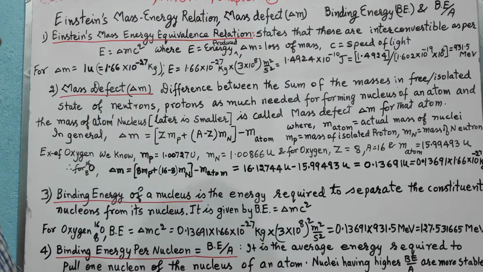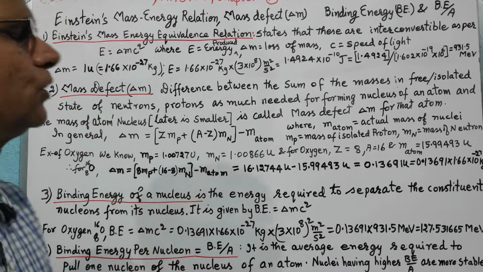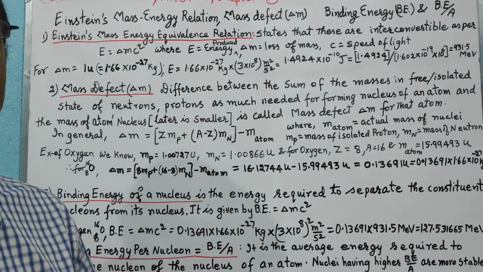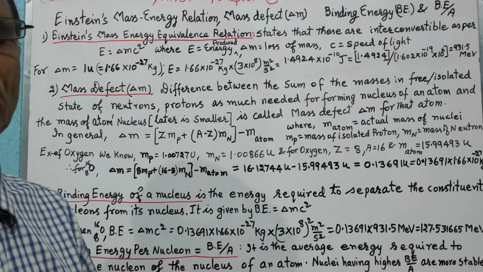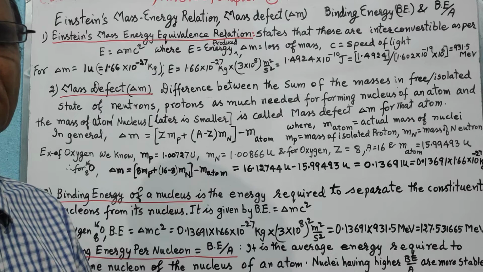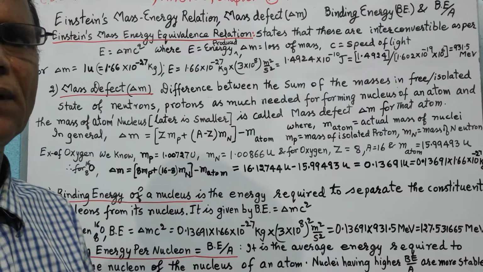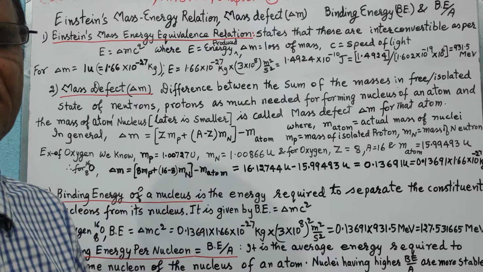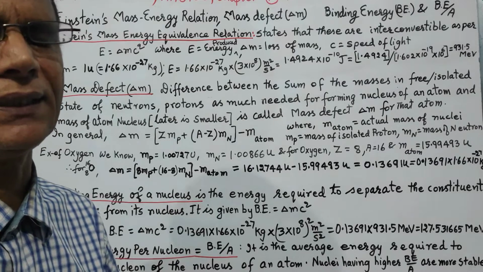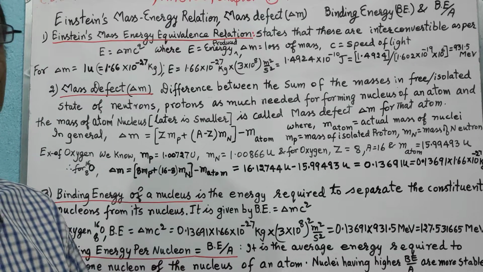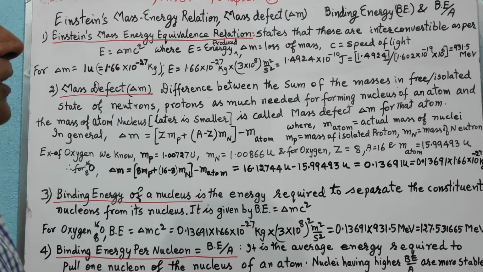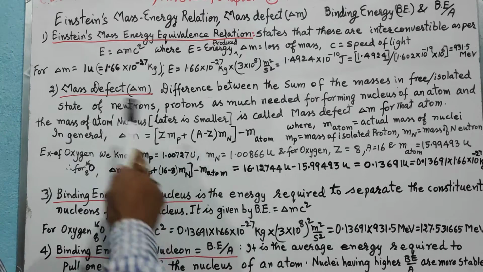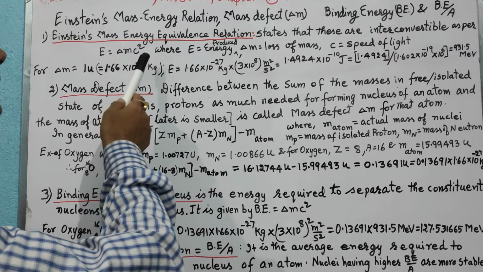Well, this relation, the mass-energy equivalence relationship, says that mass and energy are interconvertible, meaning mass can convert into an equivalent amount of energy under certain physical conditions, and the converse is also true. Einstein was the first person to give the relation, which is named after him.